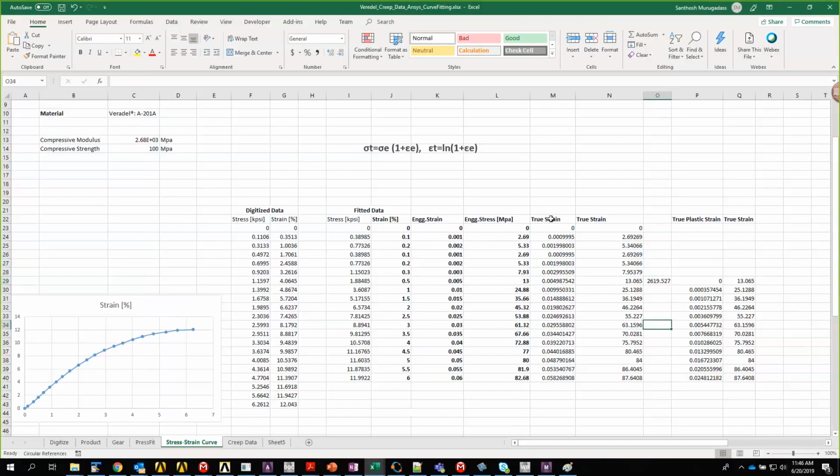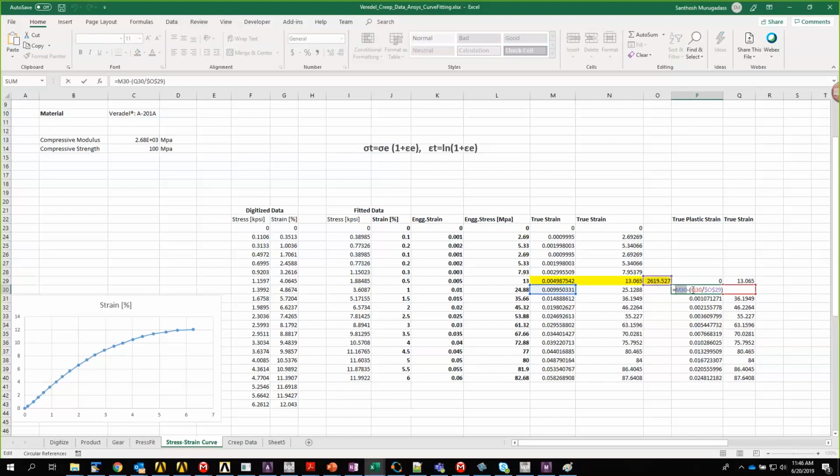Then, to feed the stress strain curve into ANSYS, we need to convert the total strain into only plastic strain. Up to this point is basically our yield point. Up to the yield point, the plastic strain is 0, and this becomes our yield stress. If you want only the plastic strain, the plastic strain is nothing but total strain minus the elastic strain.